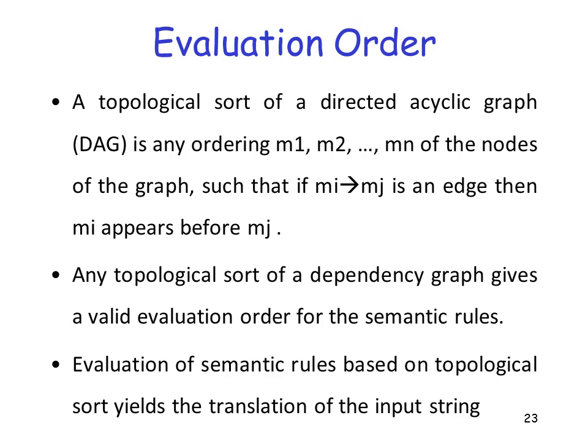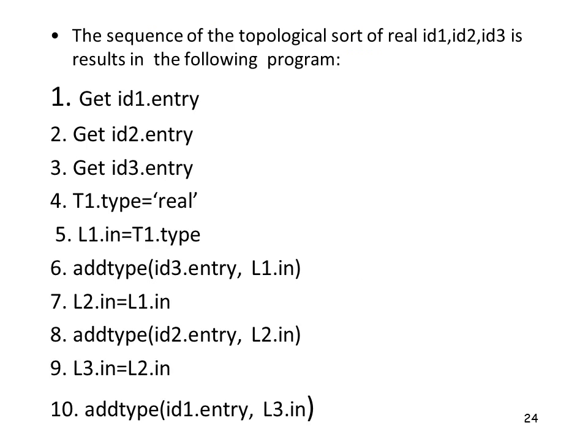So after considering the dependency graph, evaluate the semantic rules by performing some topological sort over the dependency graph. This slide shows the result of topological sort over the dependency graph for the declaration statement real id1, id2, id3, which will result in producing the translation of the input string.